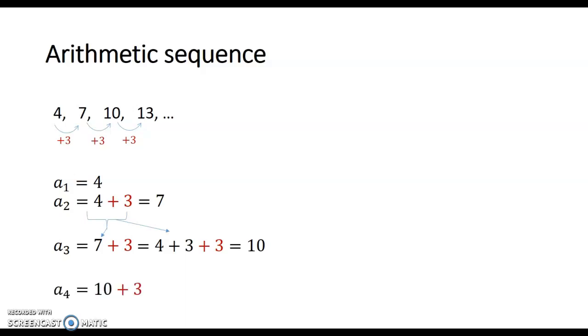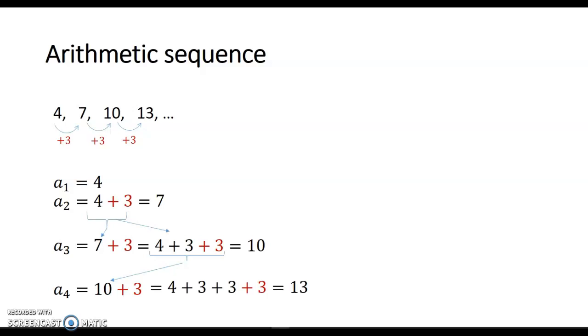Similarly, we could have a look at the fourth one. It is number 10, the third one, added with 3, and equally well we can replace the number 10 with where we got the number 10 from. So it is actually 4 plus 3 plus 3 plus 3 to get to 13.